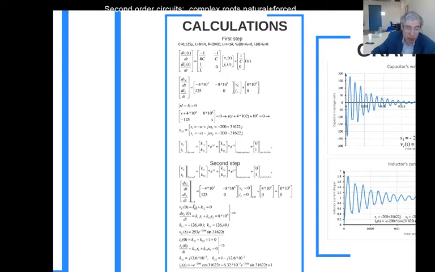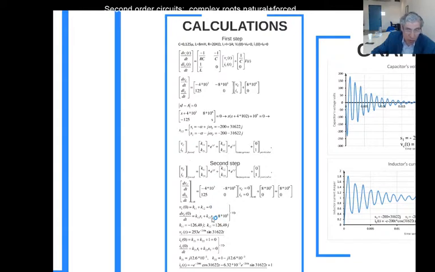So find the derivative of this function and replace t with 0. We are going to end up with the left-hand side, this derivative initial condition that we calculated here. So 8 times 10 to the power 6 comes from that. And the derivative function with t replaced with 0 is the left-hand side here.